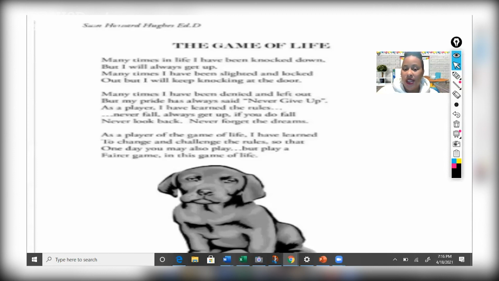Keep going. Sometimes things are going to get hard, but play fair. And even when you get knocked down, get back up. That doesn't mean people are going to push you over. It means when life gets hard, you have to know how to get back up and still face life.